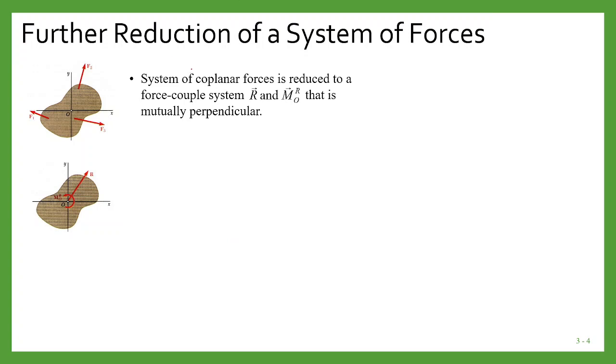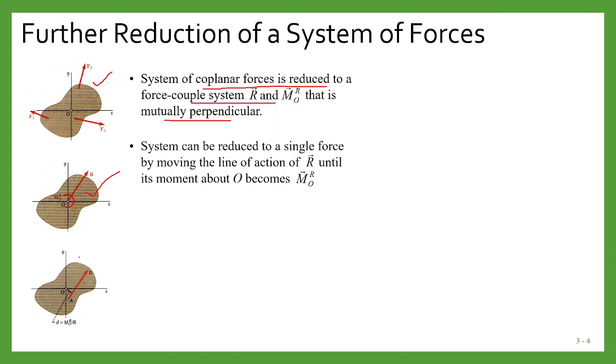Now suppose a system of coplanar forces is reduced to a force couple system that is mutually perpendicular. This is our initial force system. Now we have reduced this system into a force and couple system, and they are mutually perpendicular to each other.